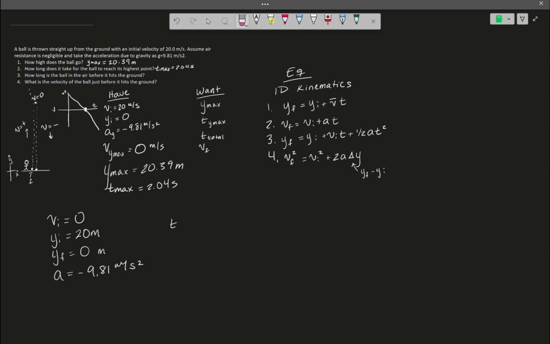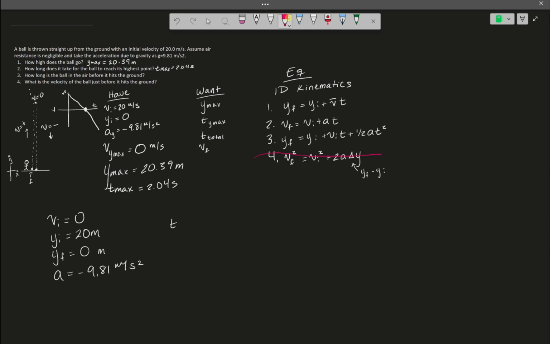So what I want to do now is figure out what kinematic equation I can use. I want to find a kinematic equation that involves time, so it has to have the variable for time. So right away I can see that equation 4 does not contain the variable for time, so I'm not going to be able to use that. The next thing I want to do is get rid of any equations that require information I don't know.